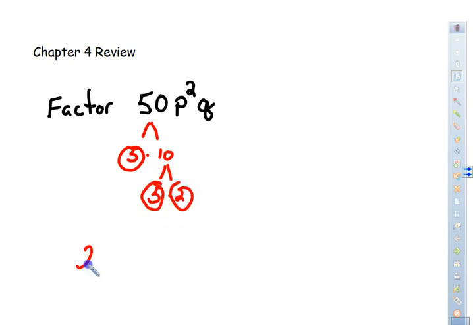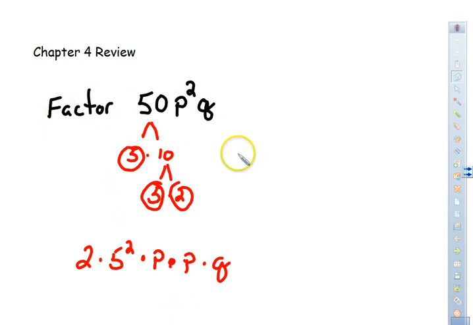So then you can write them out, 2 times 5 squared, or 5 times 5 if you like, times how many p's are there? Well, there's 1, 2, so p squared, times q. So that is your answer to this in factoring.